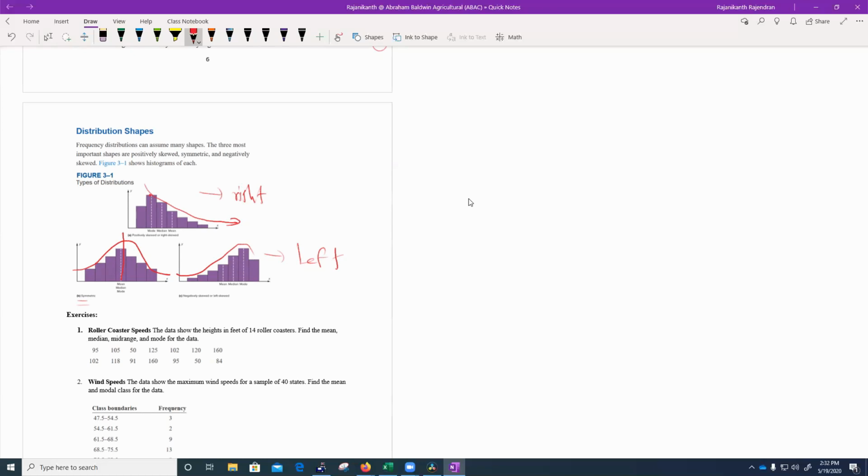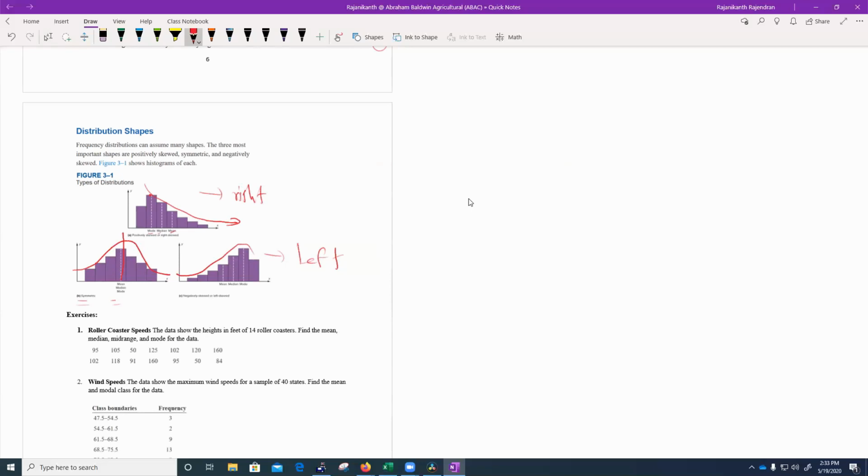Okay. So if you have a right skewed distribution, that means the mode is the smallest one. Next to it is the median, and the highest one is the mean. Remember, median is the middle one, so median is always going to be between mode and mean. In some cases it may be equal.